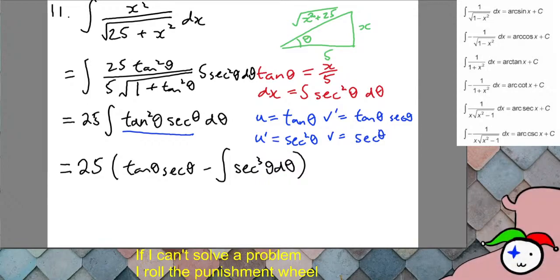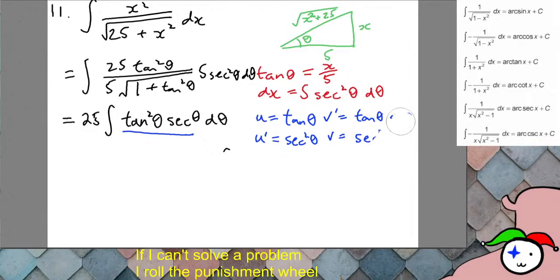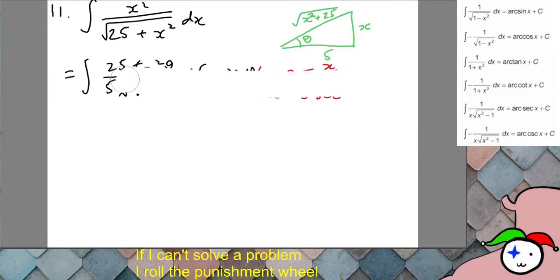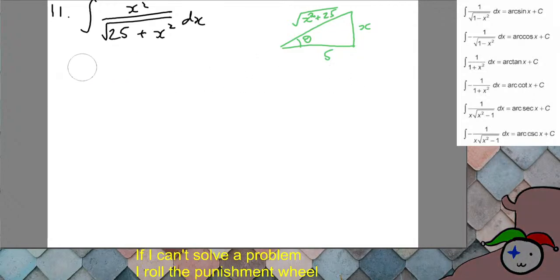Honestly, I have no idea how you would figure this out by your lonesome without just memorizing what situation you would do. I guess there might be some way you can tell from the shape of this what substitution you would want.